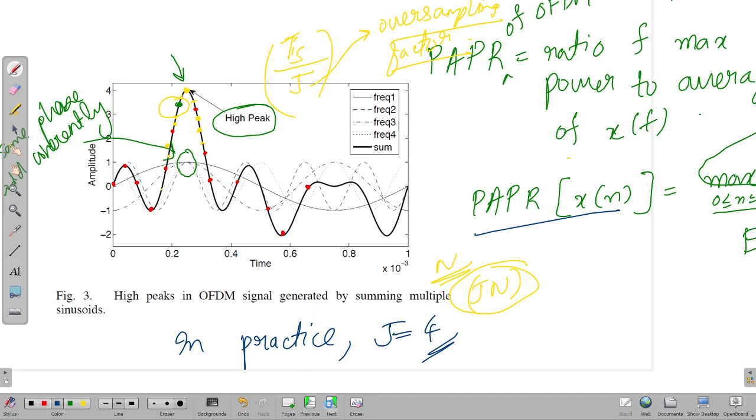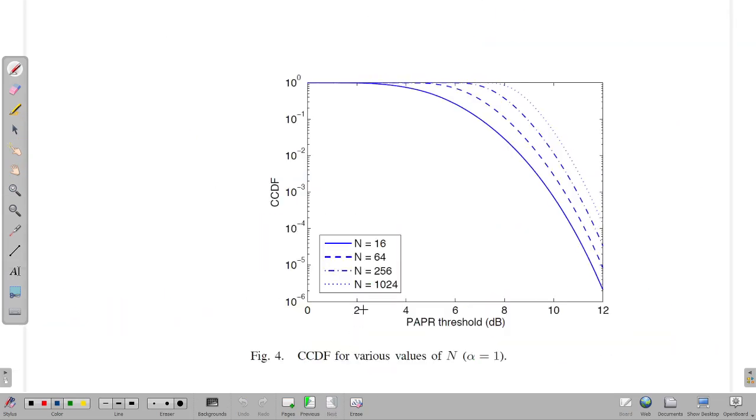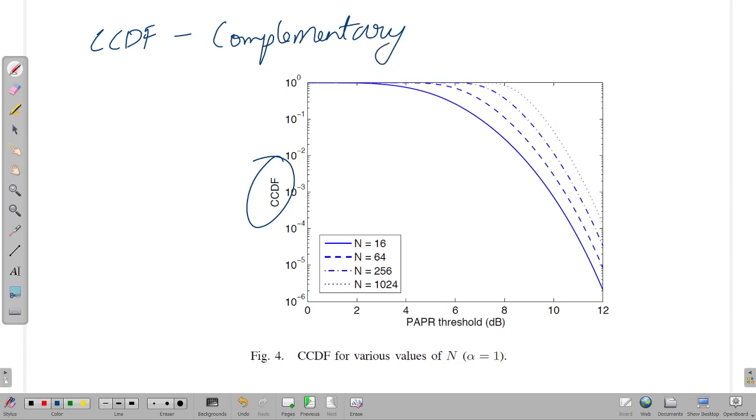Now finally let me also tell you about this function called CCDF. CCDF stands for complementary cumulative distribution function.